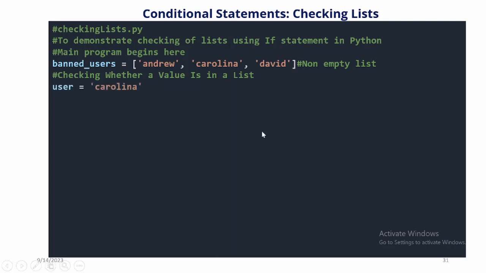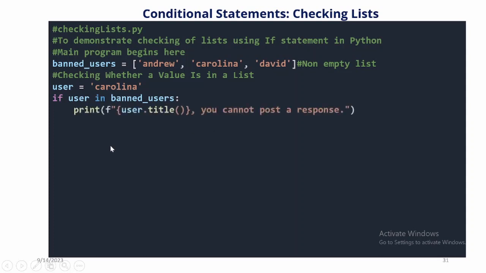We can check whether a value is in this list. So if we create a variable and call it Carolina, we want to know whether Carolina is in the list of banned users. So we say if user in banned users, print user.title, you cannot post a response.